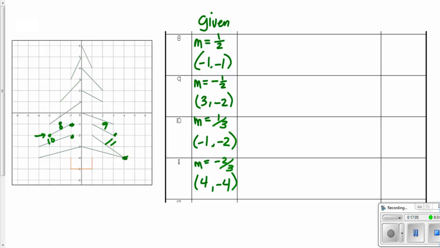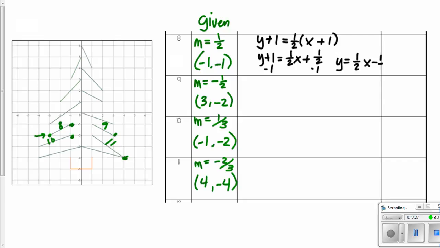So, y minus y1, in this case y minus -1, equals my slope 1/2 times x minus x1, which is -1 again. Now I work this out. Subtract 1 from both sides. So y equals 1/2 x minus 1/2.